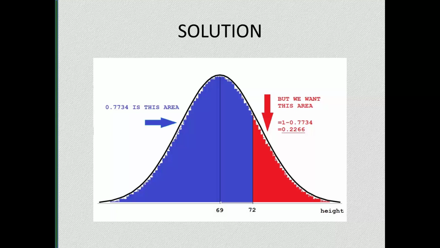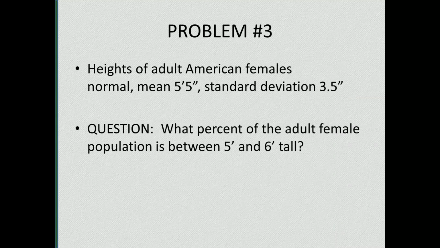Let's work through a third example. Look at the women's data this time. Mean is 5'5", standard deviation is 3.5. The question is, what percentage of adult females are between 5 foot and 6 foot tall? Again, I'll ask you to take a minute, pause this video, work through the solution on your own.